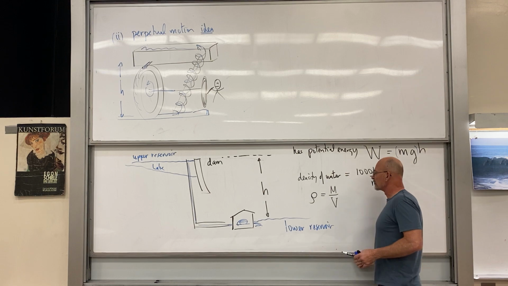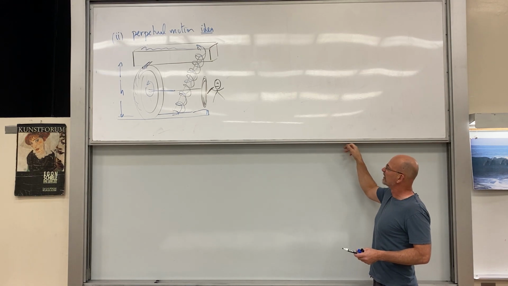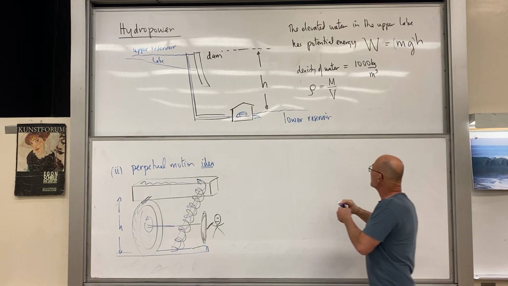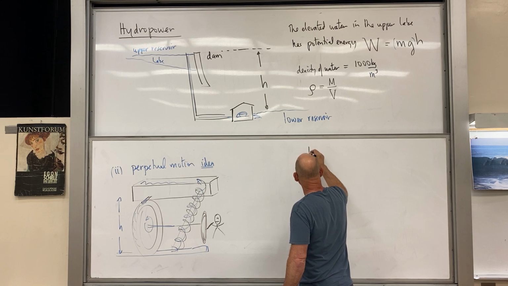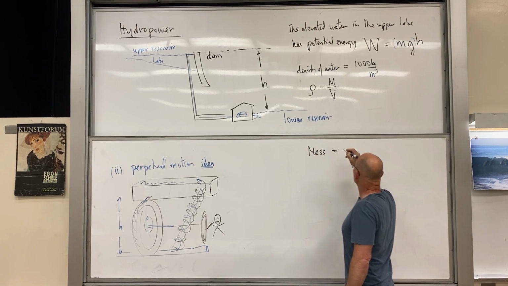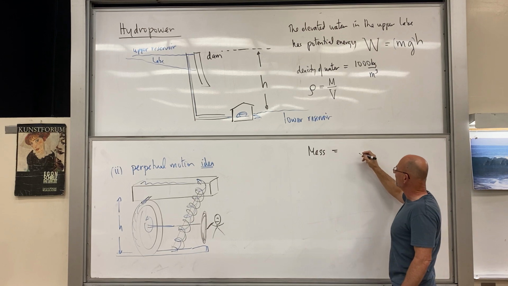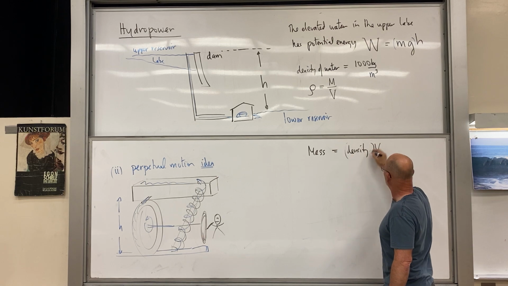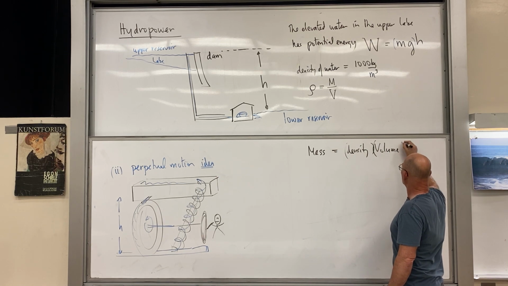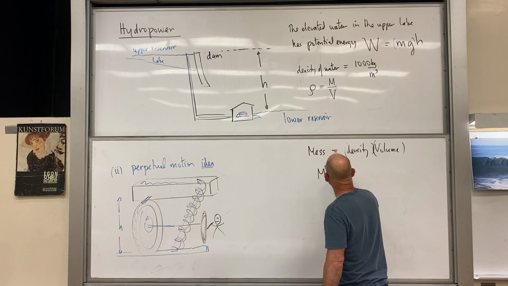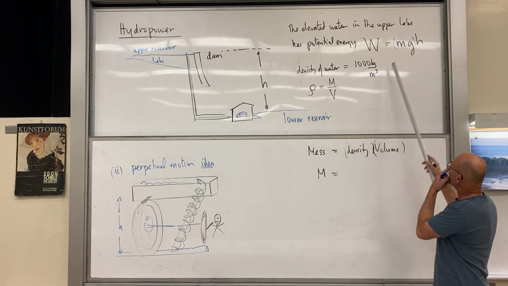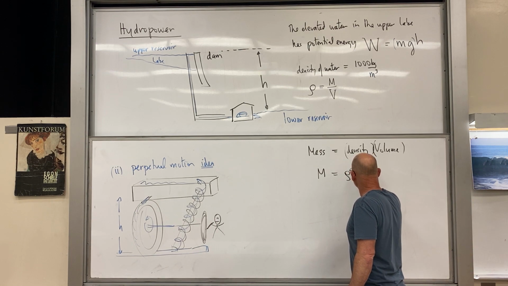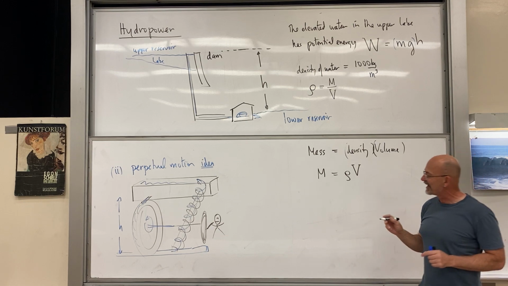You may want to even write that down in words. I'm just going to rewrite what I got there. Okay. So mass, by just cross multiplying, I just multiply both sides by V is equal to density times volume. Density times volume, we'll say capital M. We could have a capital M up here, by the way, right? Is equal to density times volume. So let's immediately do an example.